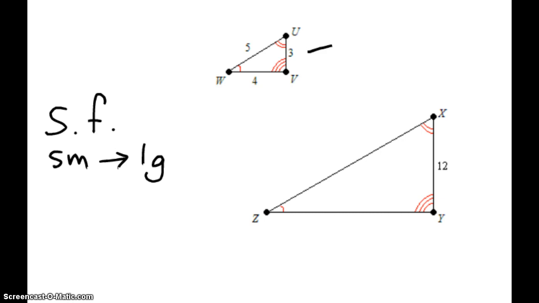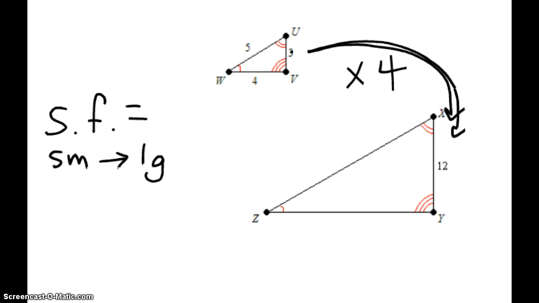So in other words, from this triangle UWV to triangle XZY. What is the scale factor from small to large? Well, what do you multiply 3 by to get 12? You multiply 3 by 4. So the scale factor from small to large is 4.